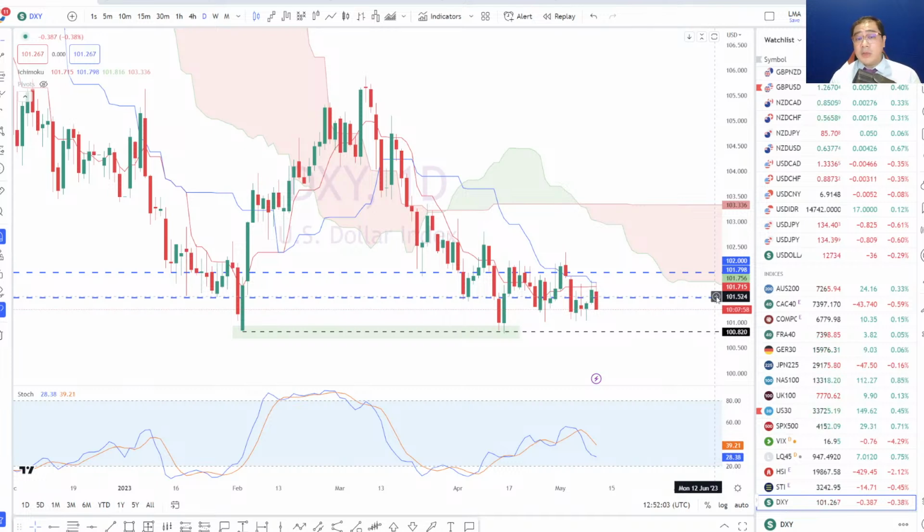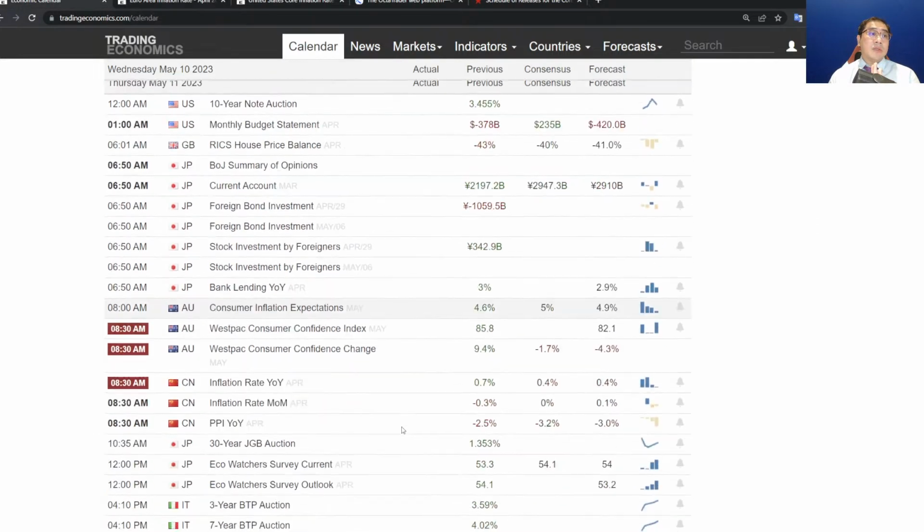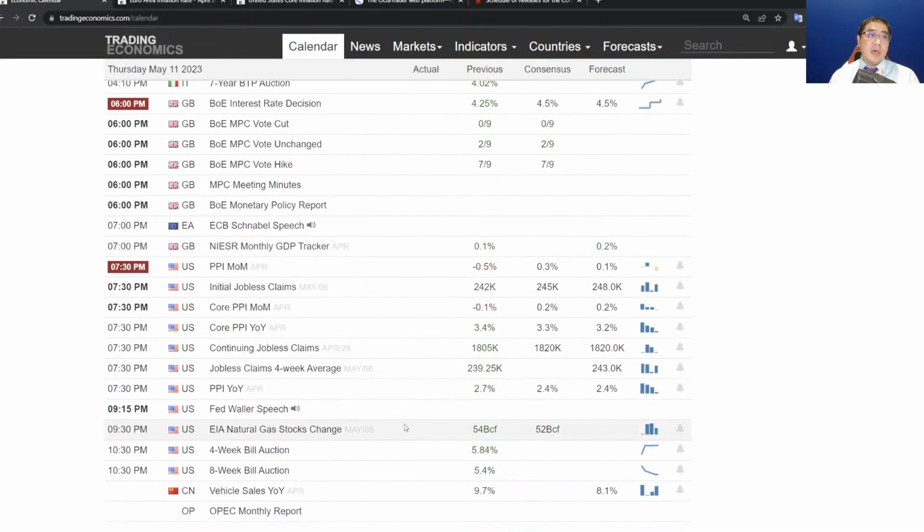We've got PPI tomorrow. Let's quickly take a look at the PPI just in case, okay? PPI, it's tomorrow, same time. We're looking at the core PPI to also go down from 3.4% to 3.3%. Month-on-month PPI, though, expected to go up from negative 0.5 to 0.3%. Not really a huge deal.